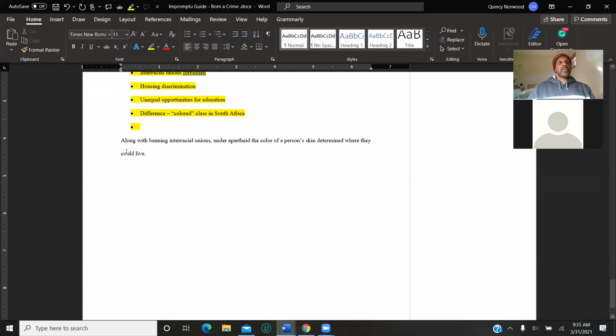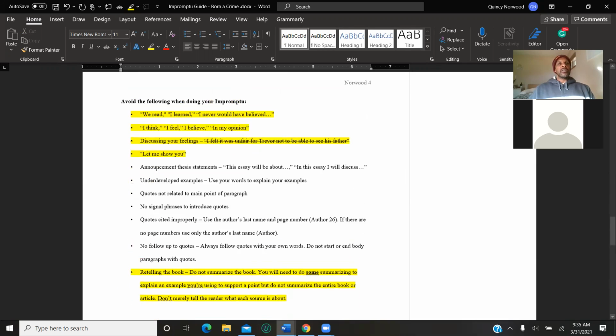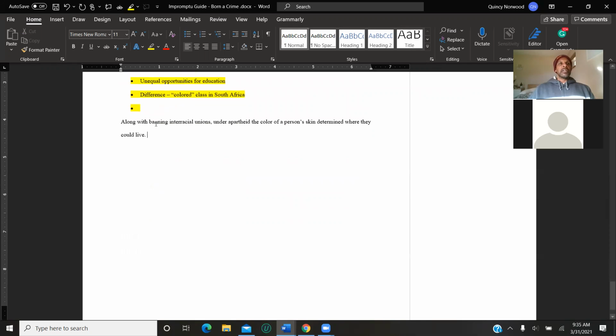If this is a topic sentence for my next paragraph after the ones about interracial bonds, I'm following that same pattern, right? Example from Born a Crime. And then the next paragraph, show how Jim Crow did this, okay? And so on and so forth.